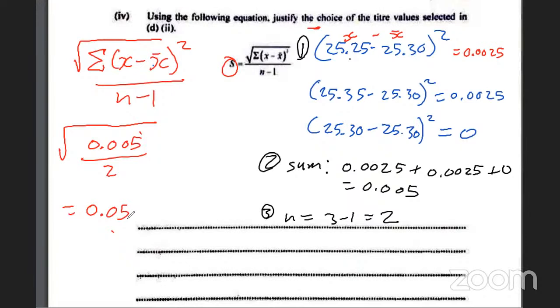So if the standard deviation was say 1 or 1.5, it would be high. Even 0.5 is high. So the fact that it is 0.05, that is a very small value, means the readings that we used are very precise.